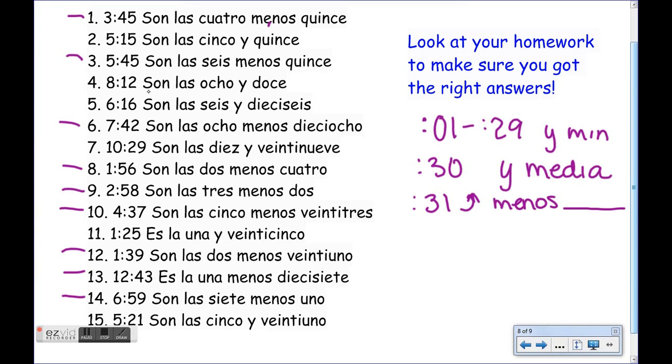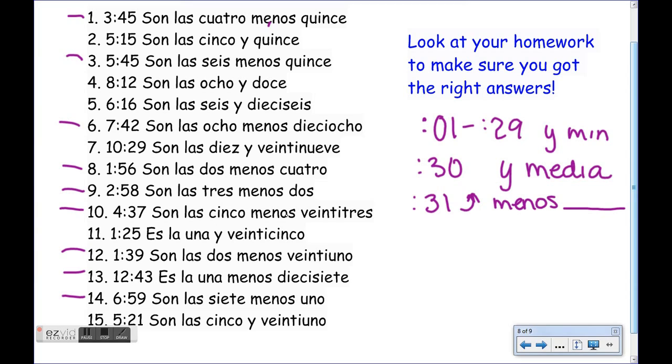Son las 6 menos 15. 4. Son las 8:12. 5. Son las 6:16. 6. Son las 8 menos 18. 7. Son las 10:29. 8. Son las 2 menos 4.